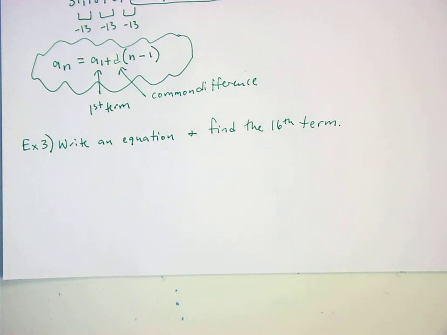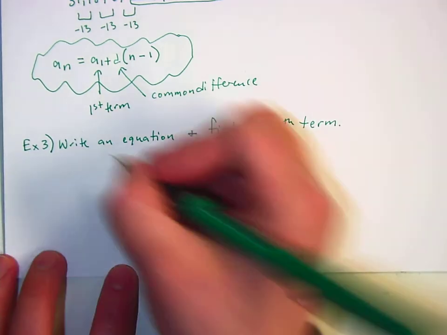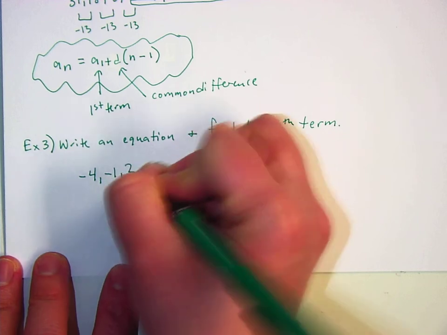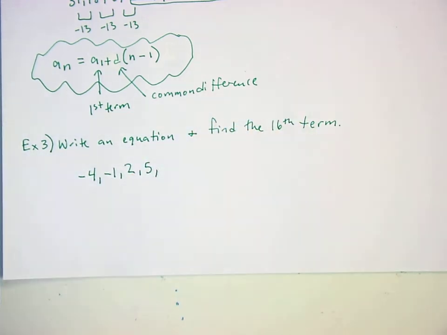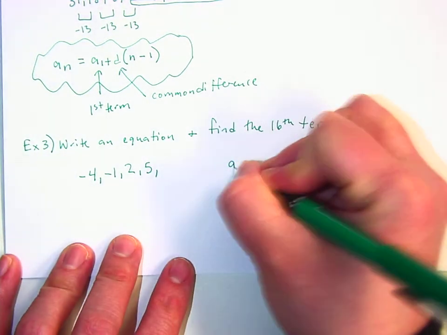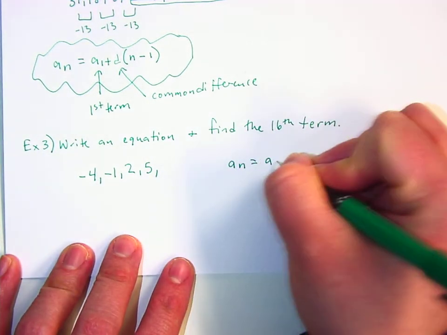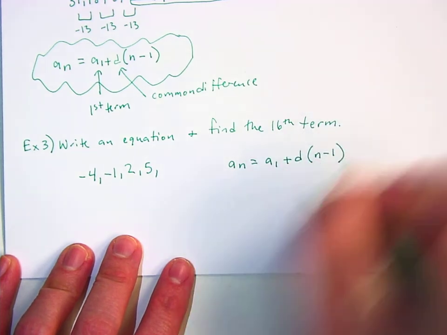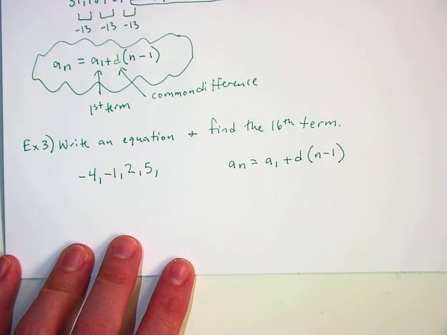Okay, so my list this time, my sequence is going to look like this, etc. And the first thing I need to do is I'm going to write out this formula and then start filling stuff in.